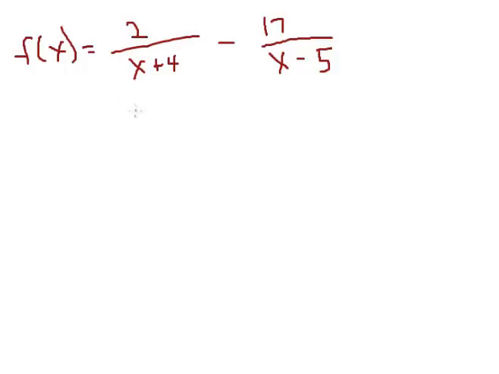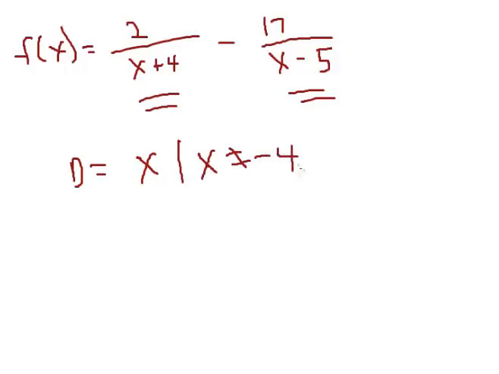So, what can x not equal? x cannot equal -4, because then this part would have a denominator of 0, and x cannot equal 5, because then this part would have a denominator of 0. So the domain here would be x such that x is not equal to -4, and in addition, x is not equal to 5.